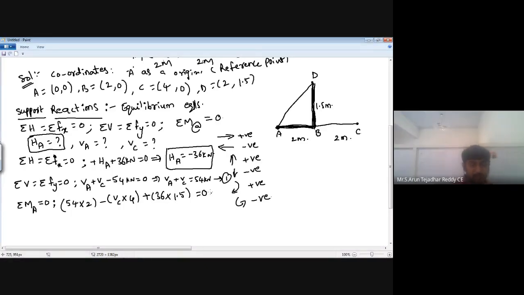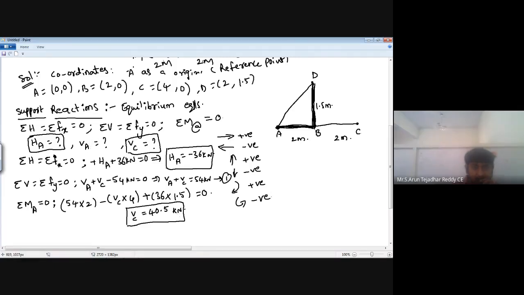Open your calculator and enter these values, then you will get one unknown value, that is VC. What is the VC value here? That is 40.5 kilonewton. So VC is completed, and the next unknown is VA.